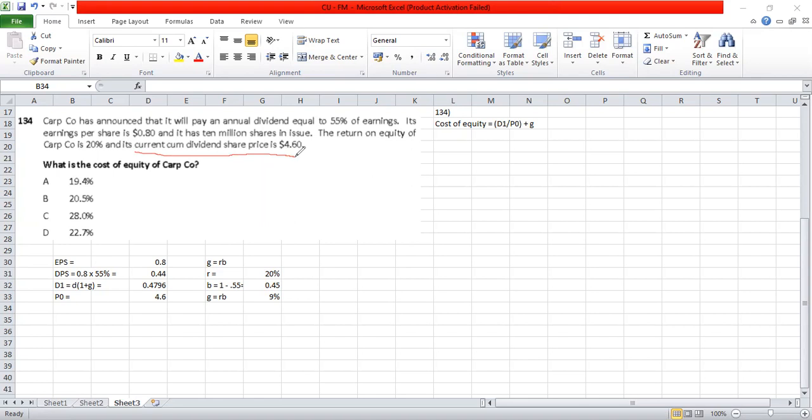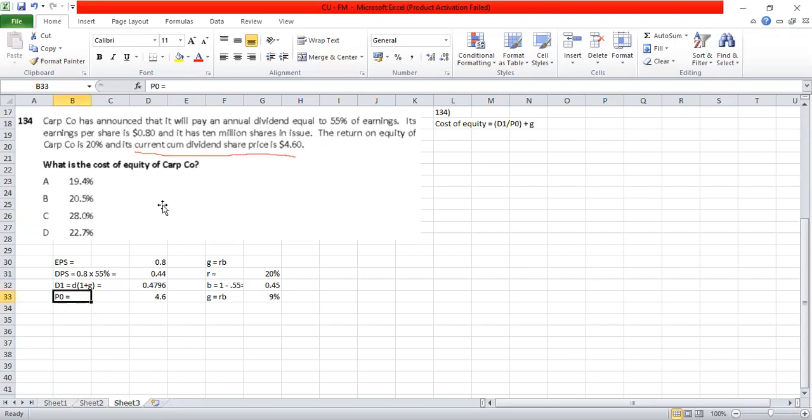So both the current market price plus the dividend value are included in the share price, and that stands at 4.60. It is not just P0, it is P0 plus the dividend part also included. The share price of 4.60 includes the dividend value as well.